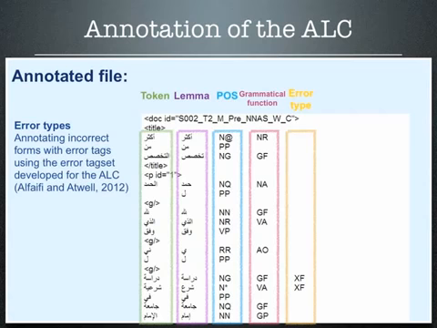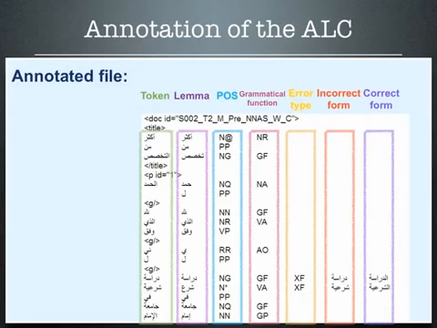The final step is to annotate errors using the error tagset we developed for the Arabic Learner Corpus. With tagging errors, the incorrect and the correct forms are also identified, as this helps when the error covers more than one token.